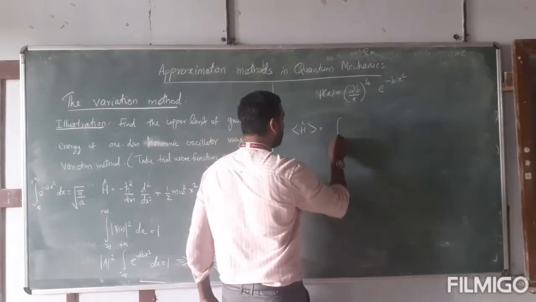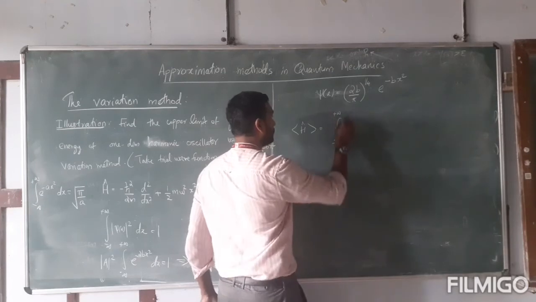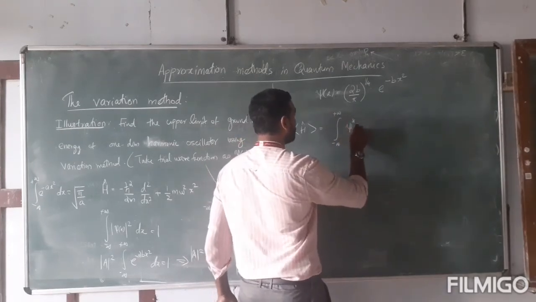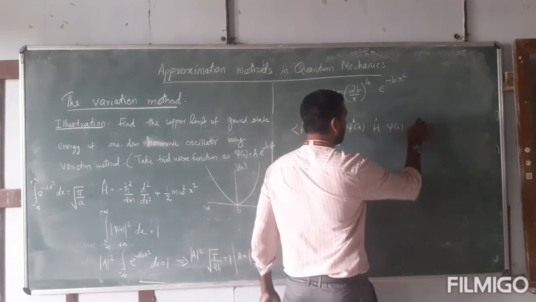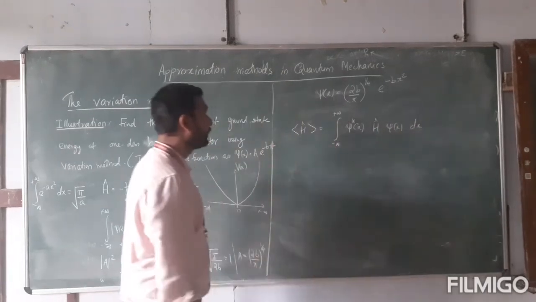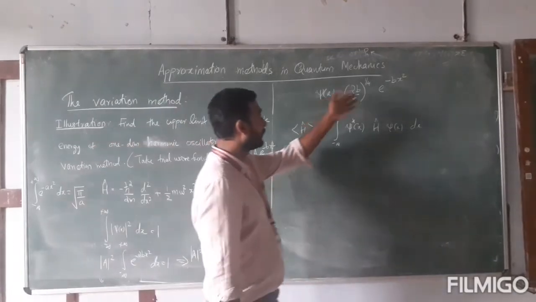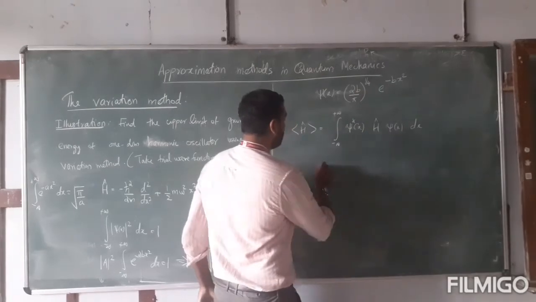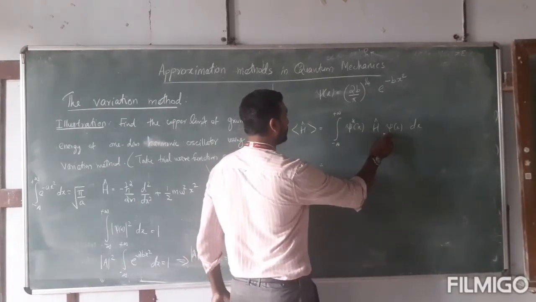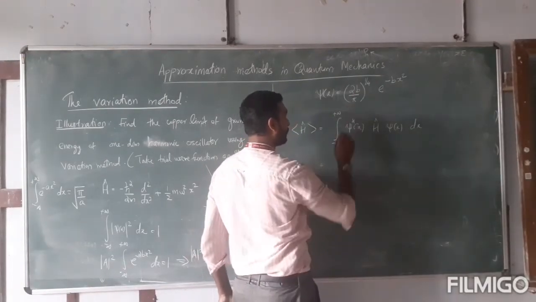So we can find the expectation value of the Hamiltonian. That would be the integral from minus infinity to plus infinity of psi star of x H psi of x dx. Now it is a real function, so psi star will be the same as psi. So inside there will be (2b by pi) all raised to 1 by 4.